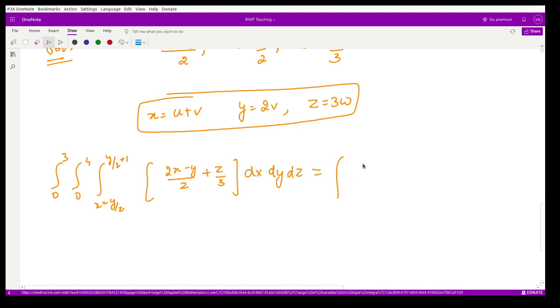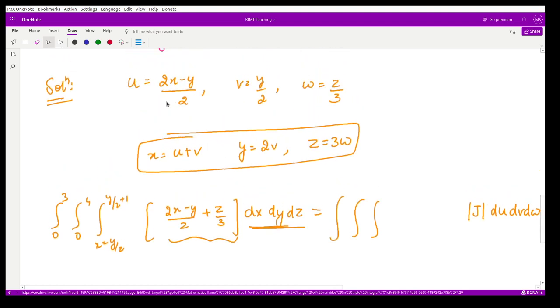This would be converted to another integral where the function is now in terms of u and w, and instead of dx, dy, dz you will write the Jacobian times du, dv and dw. Instead of 2x minus y by 2 we write u, and z by 3 is w, so we get u plus w.